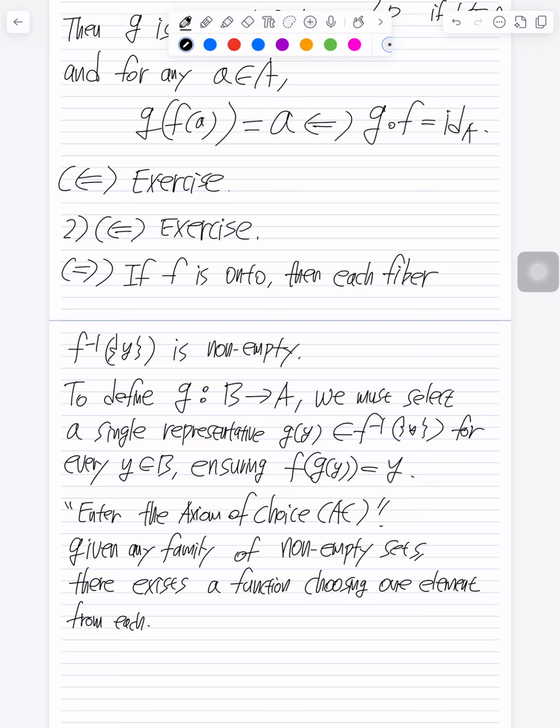With this axiom of choice, we may pick g of y for each fiber to obtain f composed with g equals the identity function with respect to B.